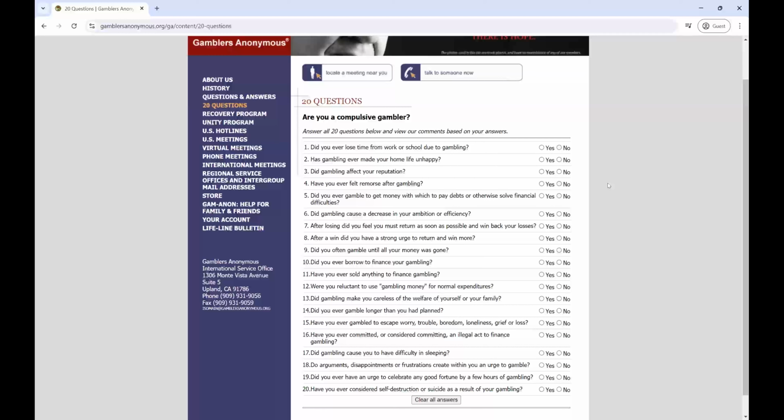First question: did you ever lose time from work or school due to gambling? Two, has gambling ever made your home life unhappy? Three, did gambling affect your reputation?